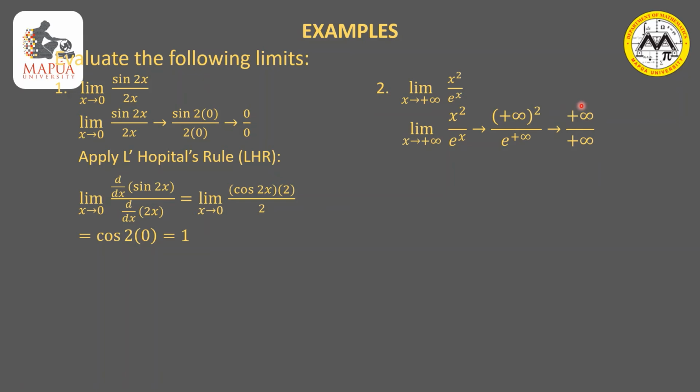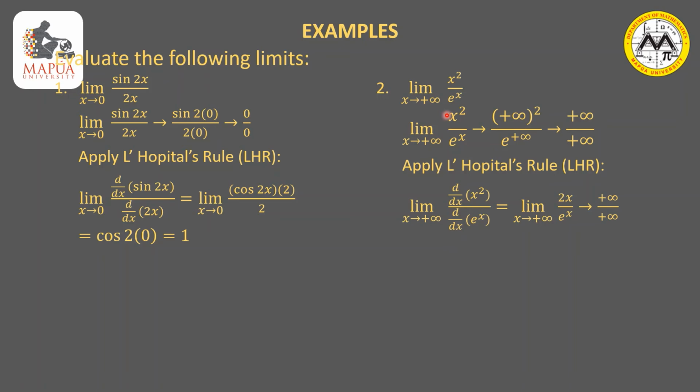And because the limit is infinity over infinity, we can now apply L'Hopital's rule to evaluate the limit of the said expression. By applying L'Hopital's rule, we work on the limit as x approaches positive infinity of the ratio of the derivative of x squared to the derivative of e to the x.